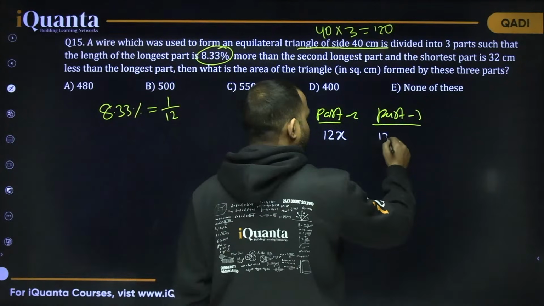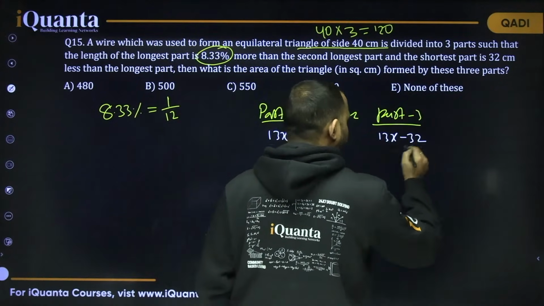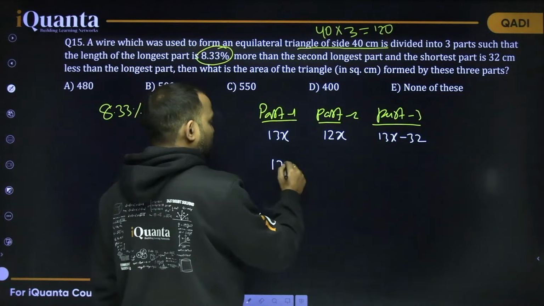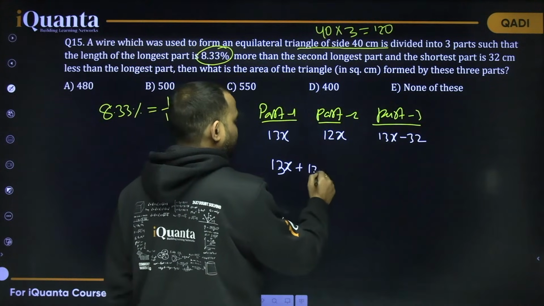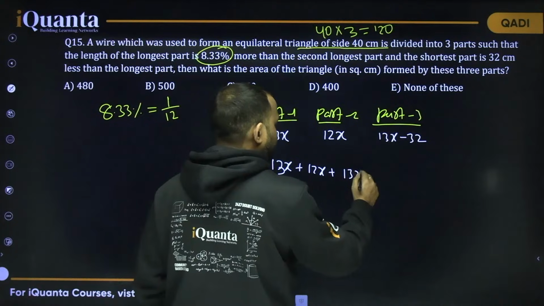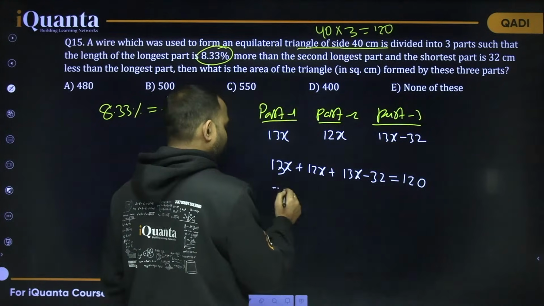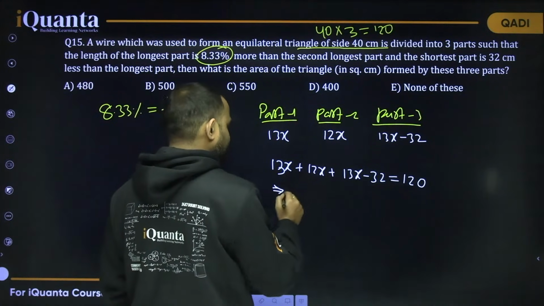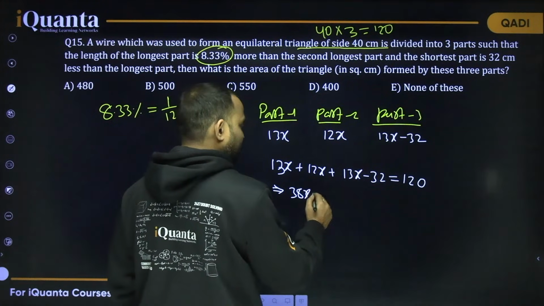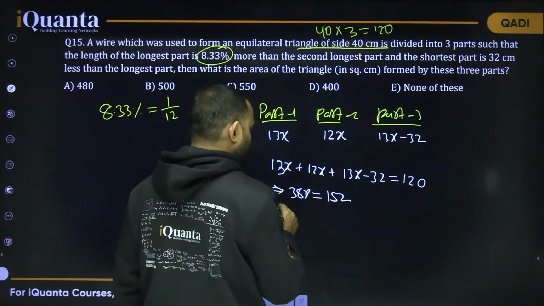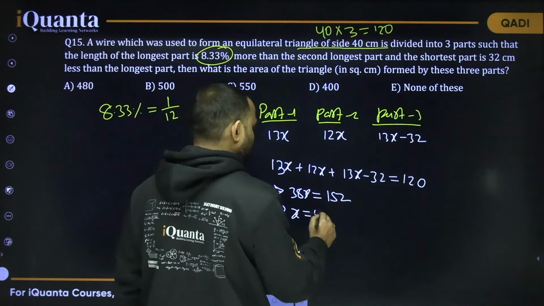So this will be 13x minus 32. So sum of these, as the wire is same, 13x plus 12x plus 13x minus 32 should be equal to 120, or 38x is equal to 152, or x is equal to 4.